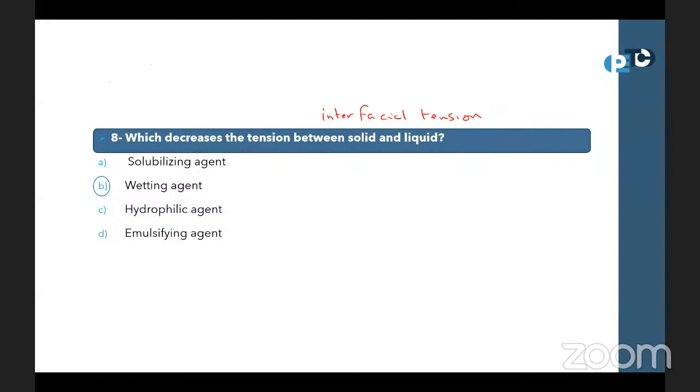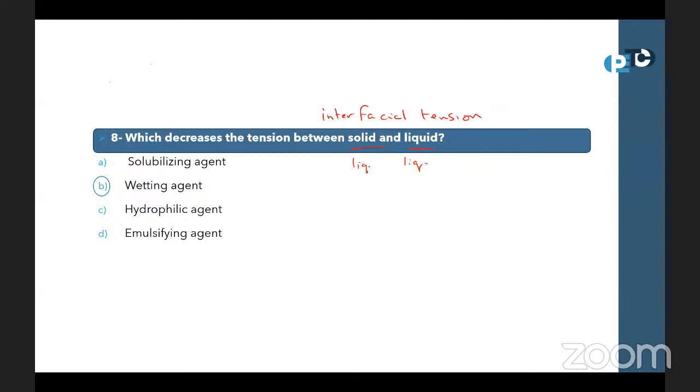Why do we call it a wetting agent, not an emulsifying agent? Because here the two phases, one of them is solid and the other is liquid. In this case, we call it wetting, not emulsifying. While if the two phases are liquid and liquid, but they are immiscible with each other, in this case we call it an emulsifying agent or surfactant.